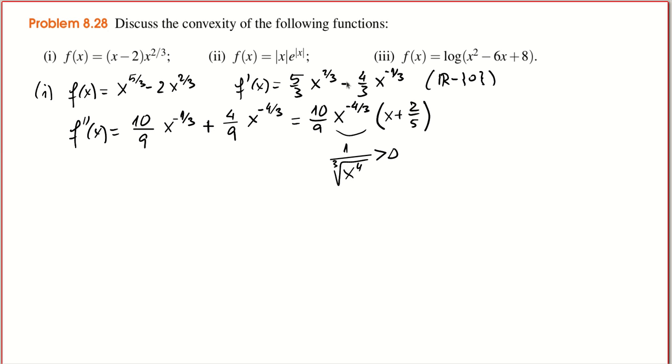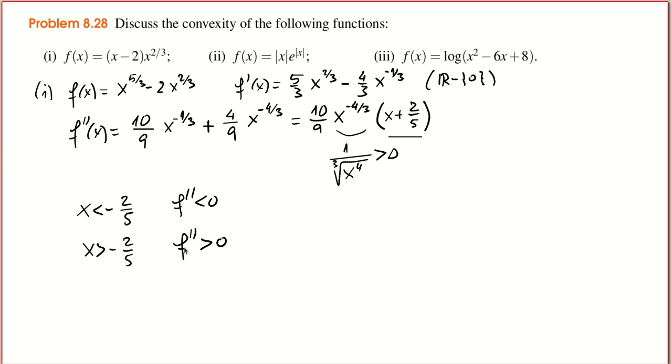But anywhere else, this factor is always positive. So the sign depends only on this, right? And this sign is negative. So if x is smaller than minus 2 over 5, this sign is negative, so f second is negative. And if x is larger than minus 2 over 5, then f second is positive, right?